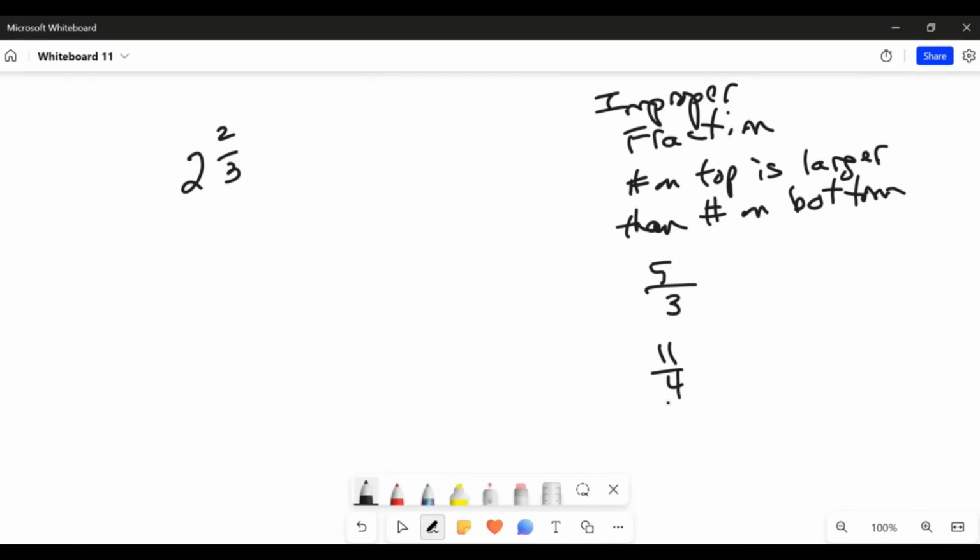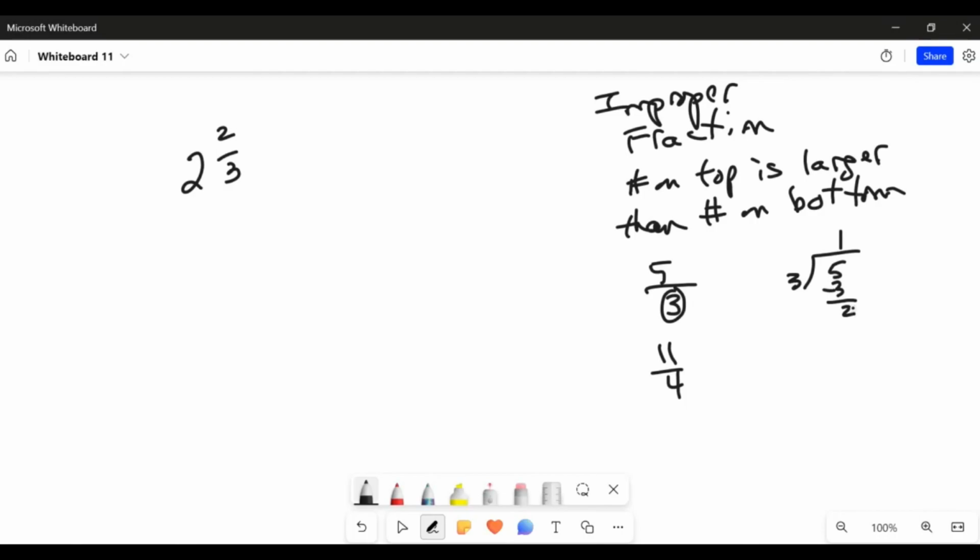The way you fix an improper fraction is to change it into a mixed number. What you do is you take the number on the bottom and you divide it into the number on the top. 3 goes into 5 once. 1 times 3 is 3.